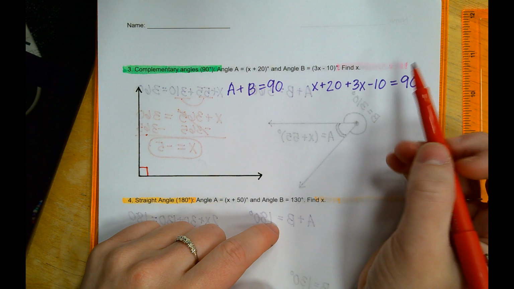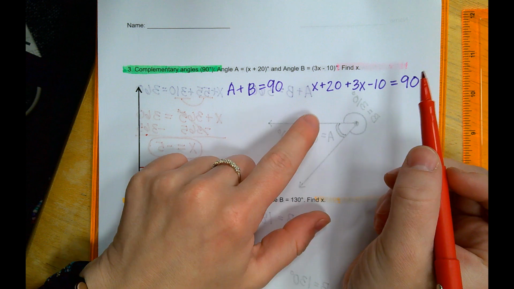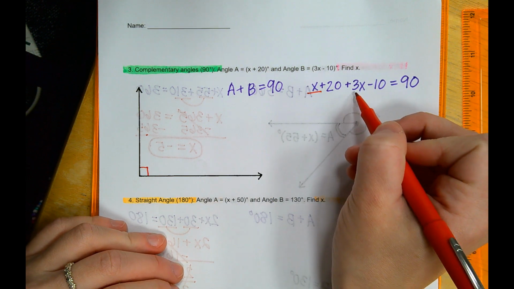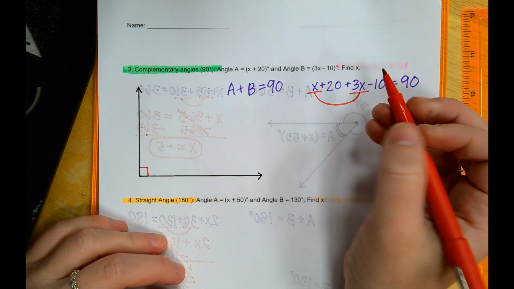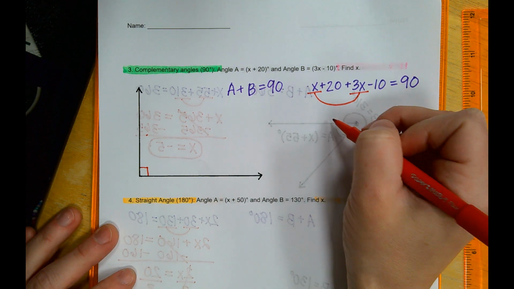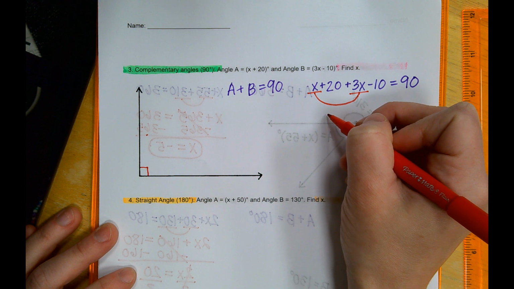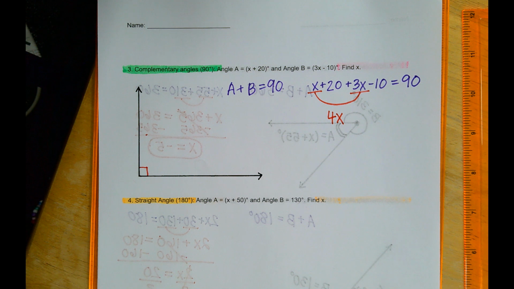Now I have to rearrange. Yes, we do have to rearrange or combine our like terms. So you want to start with the x's maybe? Yeah, let's do that. I've got an x. I got a 3x. What's that going to give me when I add them together? That's gonna do 4x. Perfect. And I'm going to use a different color for my other terms.